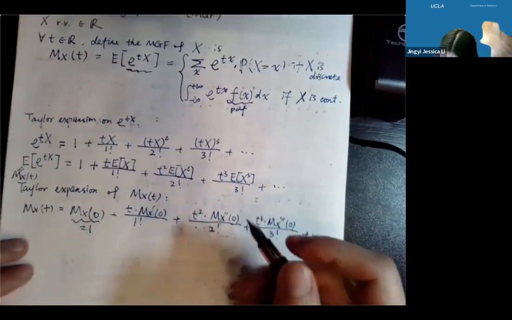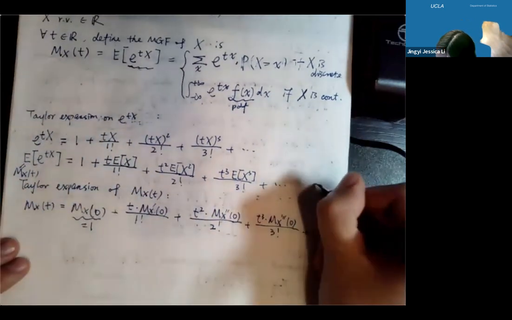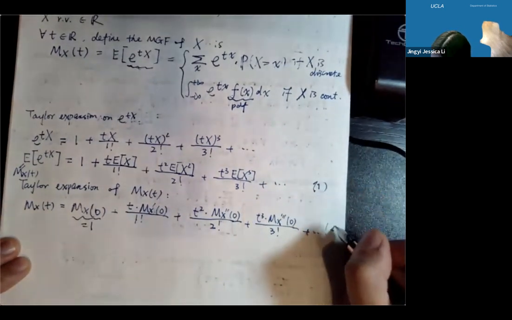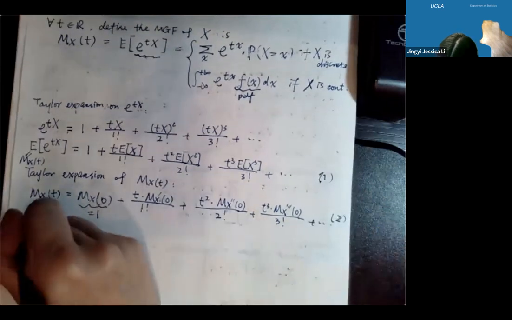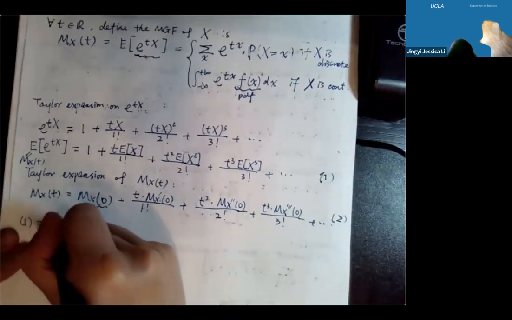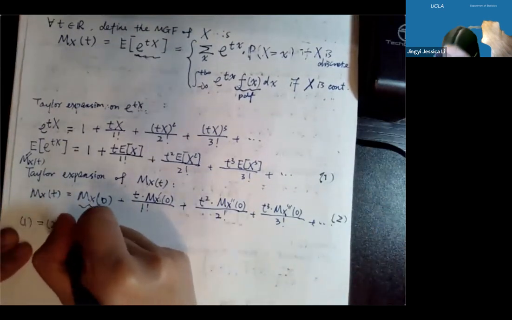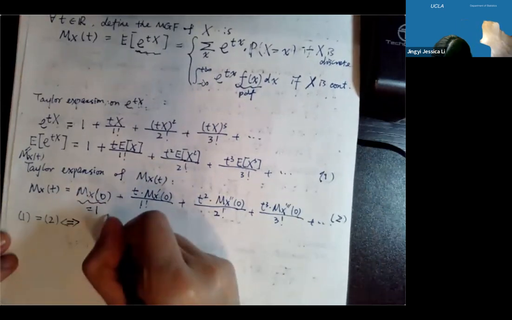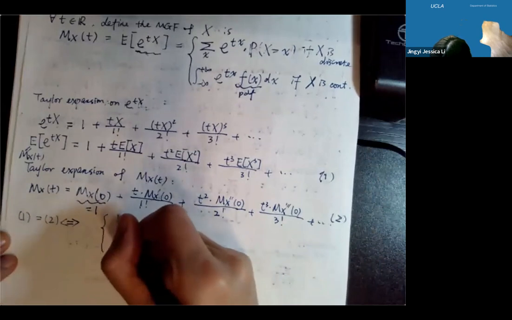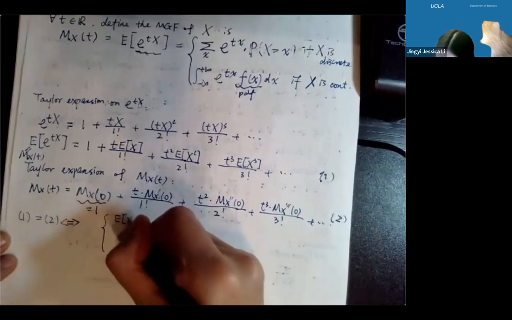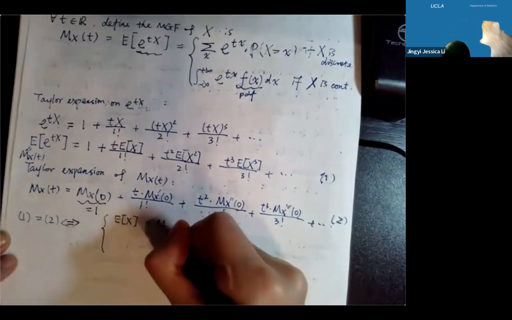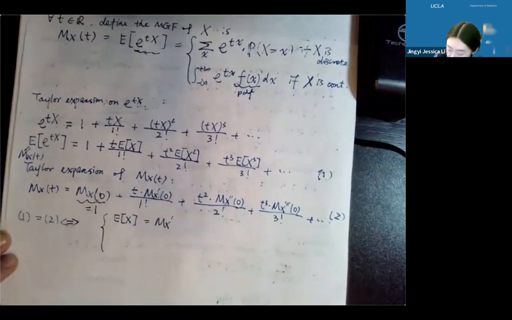So you can see by matching those two expansions, I call this 1, I call this 2, because 1 should be equal to 2. This will give us very interesting relationships. That is, my expectation of x, the coefficient of t, should be equal to the first derivative of the moment generating function at 0.